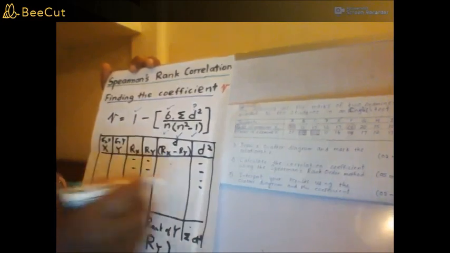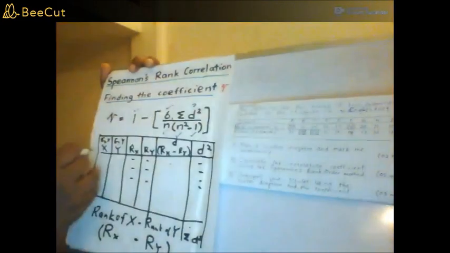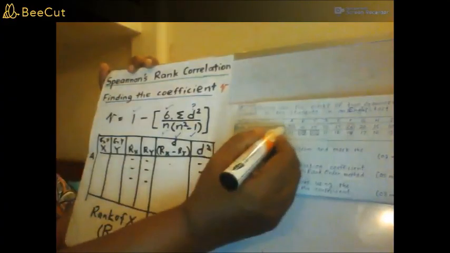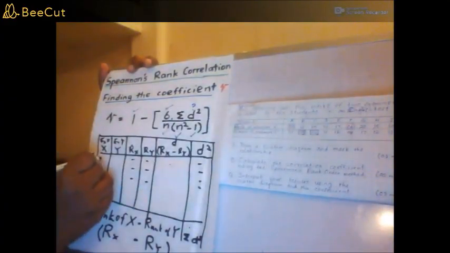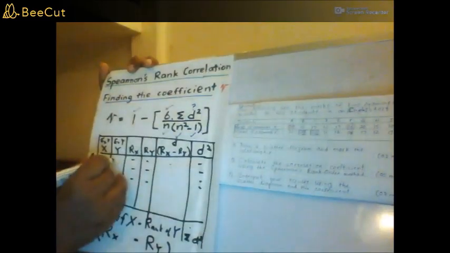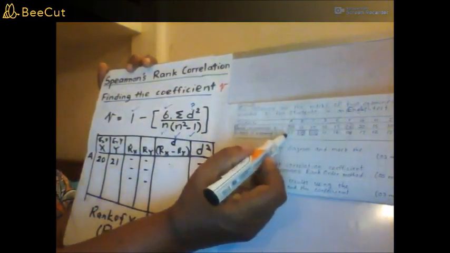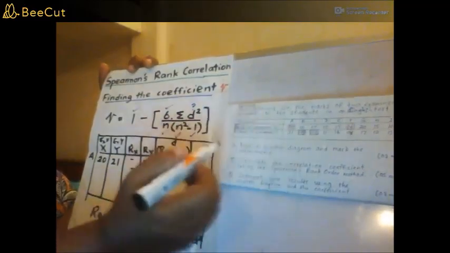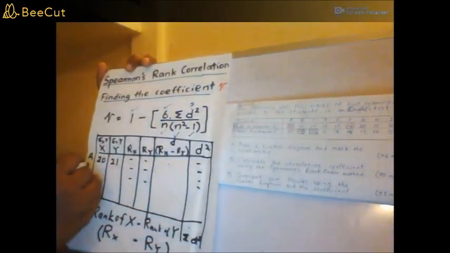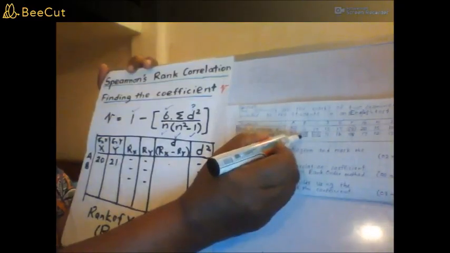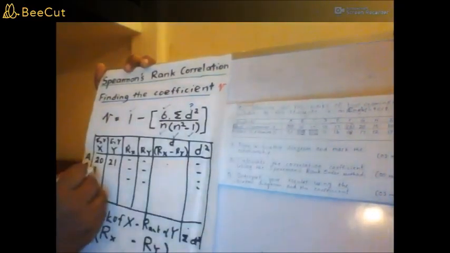Now we'll take the first one, Amali, A. Examiner x has given 20, y has given 21. Here 20, 21. Then the next one, Bimali, B. 12, 8.